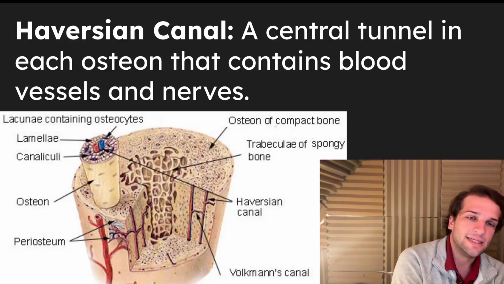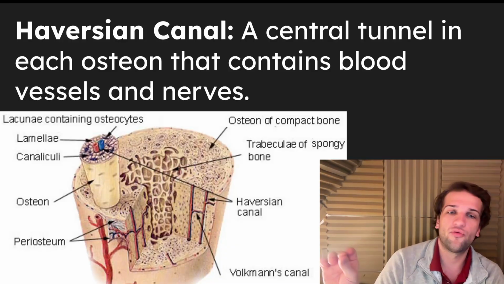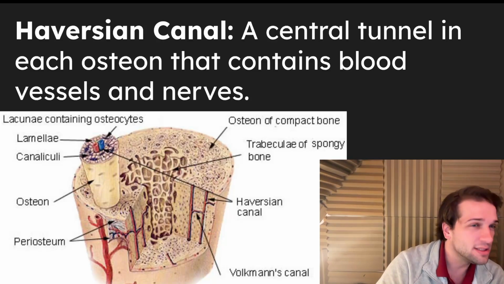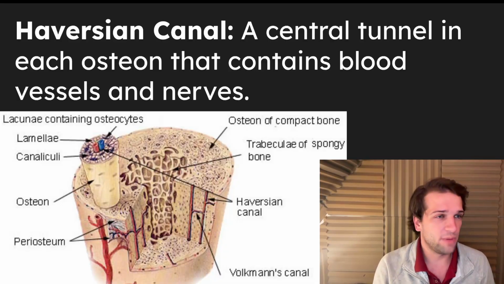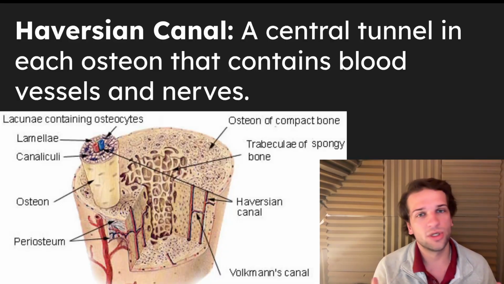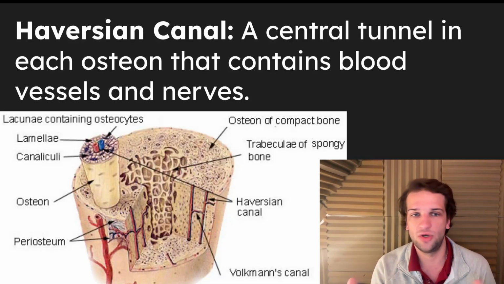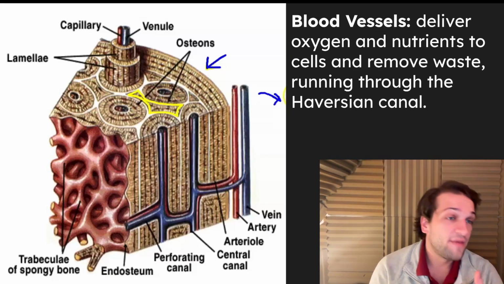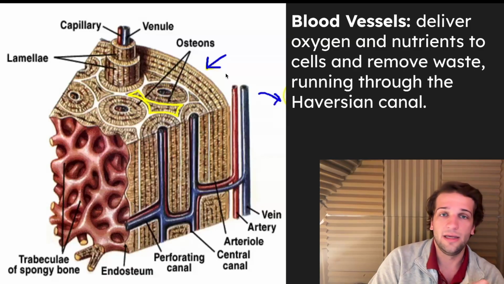Well, the answer is pretty simple. There is actually a really, really complex highway that runs through the bone that basically acts as a well system. And all of our osteons, all of those units of bone, center around a well, center around a Haversian canal, which is how they will get all the blood as well as nerves to the bone. Right, blood vessels will come from outside of the bone.